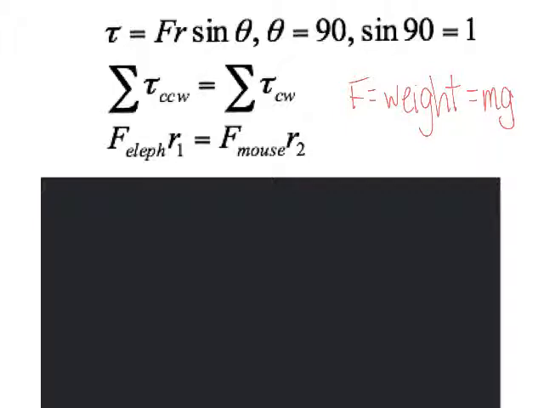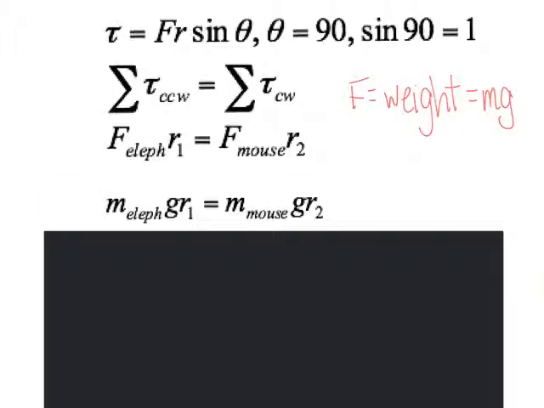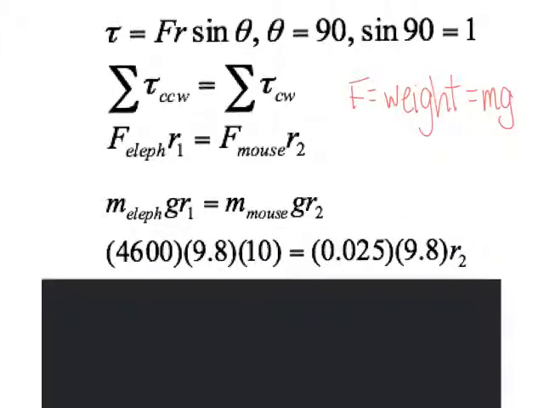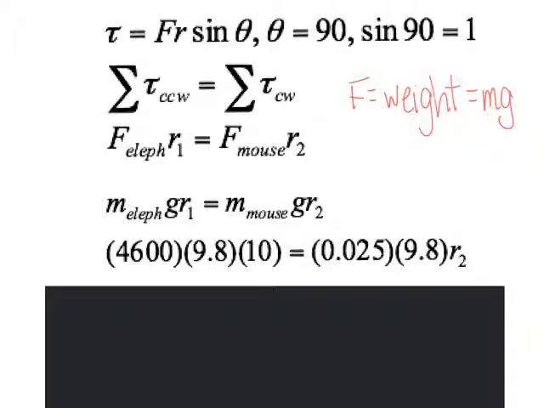So let's make those substitutions. Now we have mass times gravity for the elephant to get its weight, or force, times its lever arm, and then mass times gravity for the mouse to get its weight, and then times its lever arm. So at this point, we can substitute in the numbers that we know. The elephant was 4,600 kilograms, gravity is 9.8, and the elephant was placed 10 meters from the fulcrum.